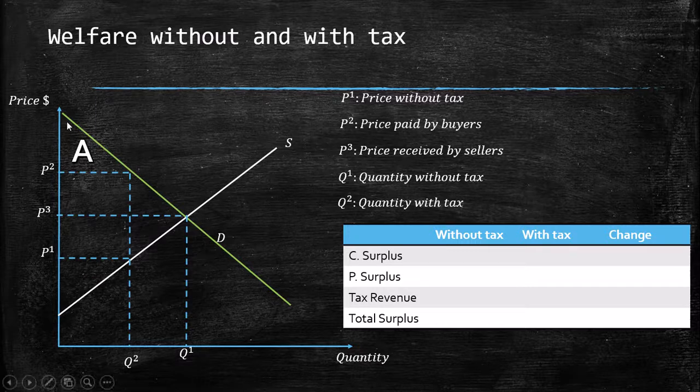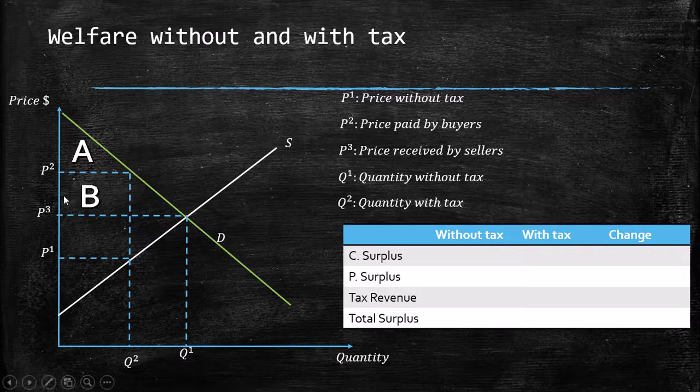Here we have the first triangle, which is A, basically the cut of the demand curve with the y-axis, which is the price, and here with P2. Remember that P2 is the price paid by buyers, and Q2 is the quantity after the tax, or with tax.